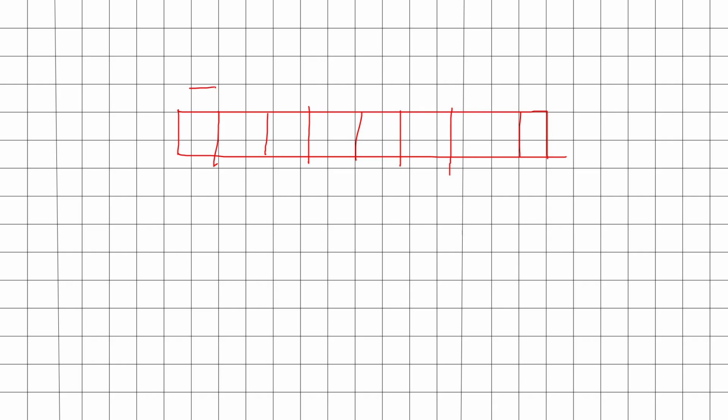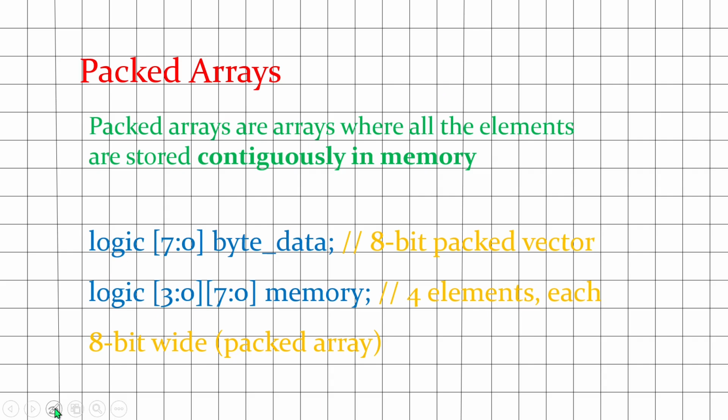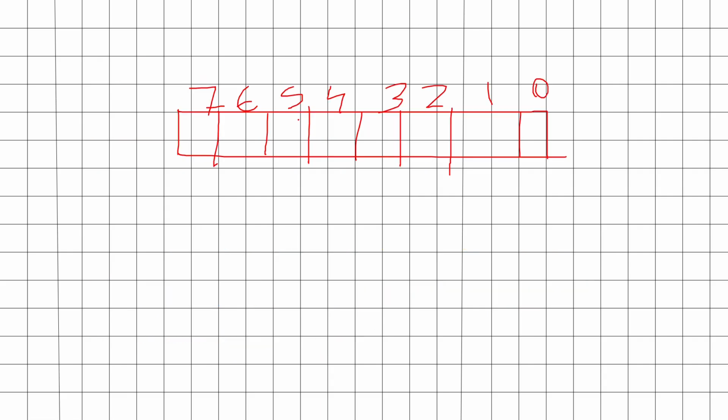So our memory locations will be 7, 6, 5, 4, 3, 2, 1, 0. This is continuous memory from 0, 1, 2, 3, 4, 5, 6. All the data which will be stored, let's say X, will be here in this memory.